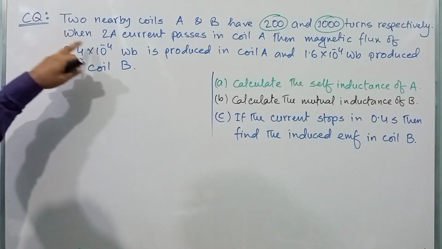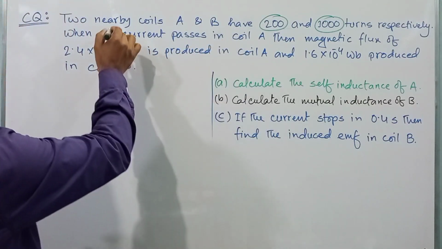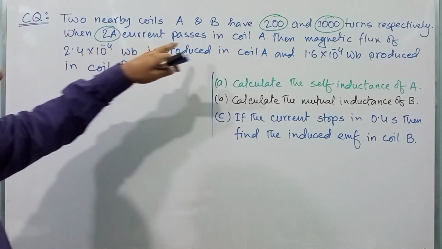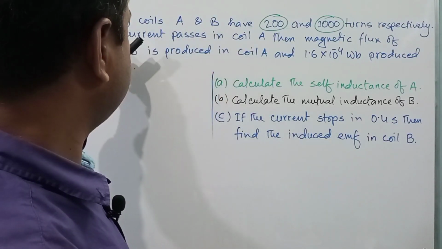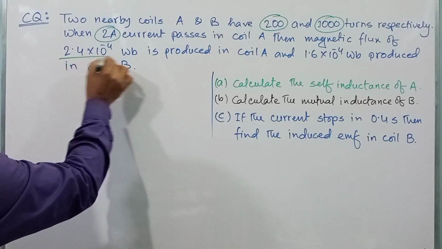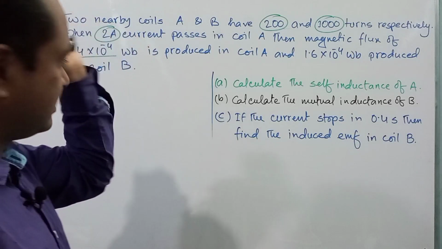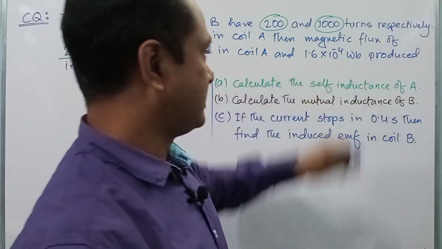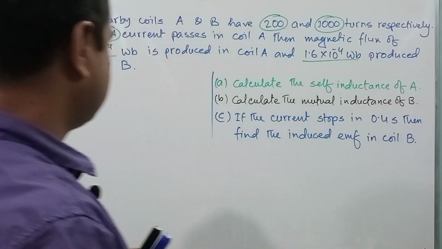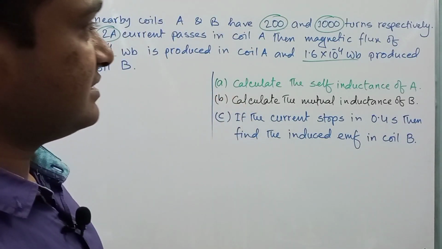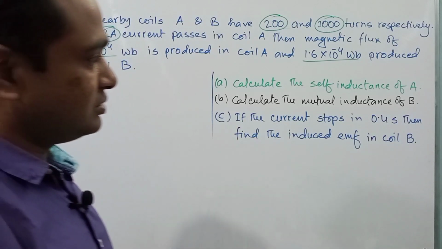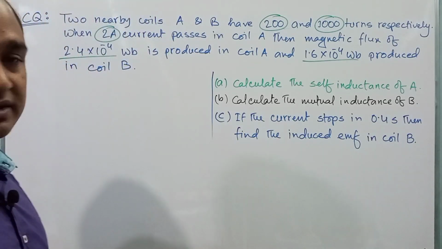When 2 ampere current passes through coil A, which is the primary coil, then a magnetic flux of 2.4 into 10 to the power minus 4 Weber is produced in the primary coil, and 1.6 into 10 to the power minus 4 Weber is produced in coil B. The questions are: calculate the self inductance of A, calculate the mutual inductance of B, and if the current stops in 0.4 second, find the induced EMF in coil B.